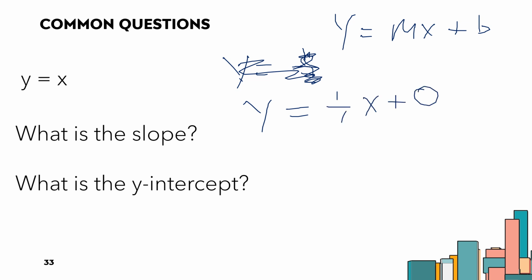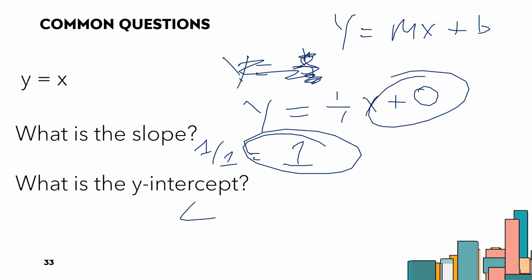Even adding 0, I would write it. So what's the slope? Well, your slope is just 1 over 1 or 1. Your y-intercept is 0. And that's just something that you almost got to commit to memory. But the slope is 1, the y-intercept is 0, and the line goes through the origin of your grid.